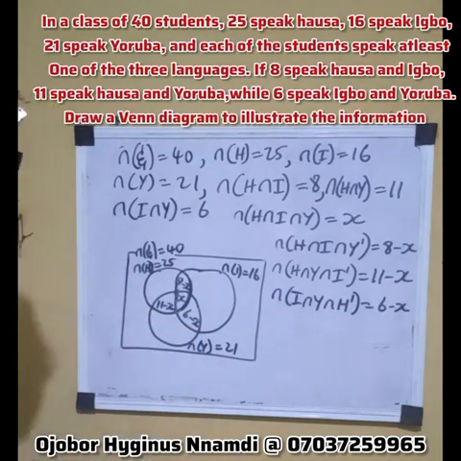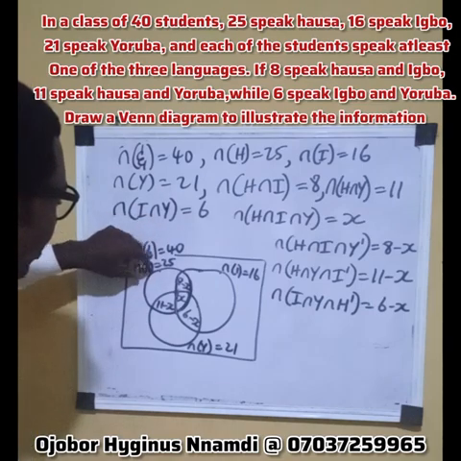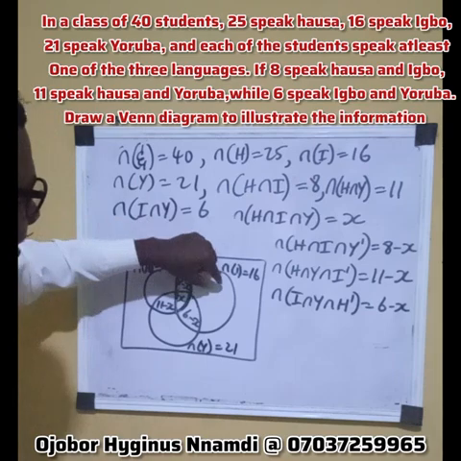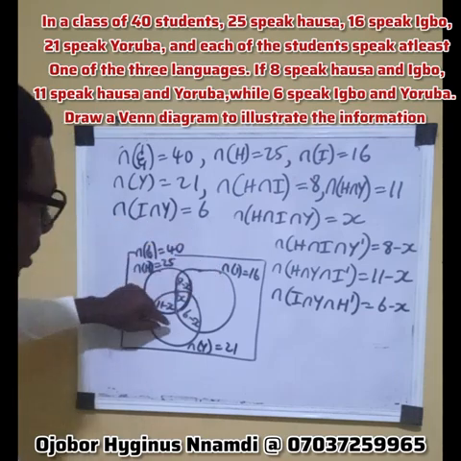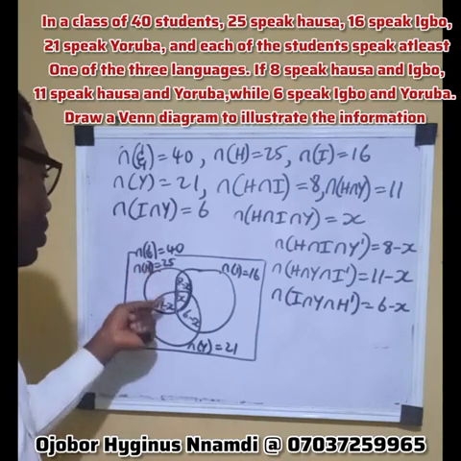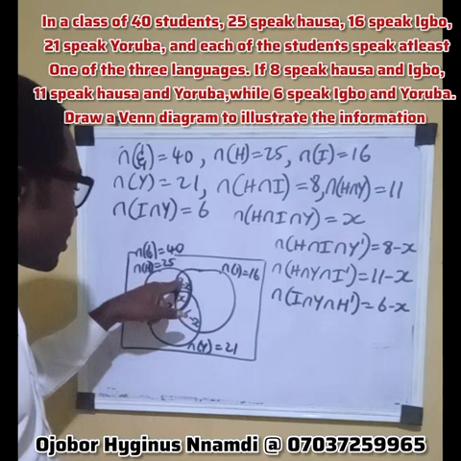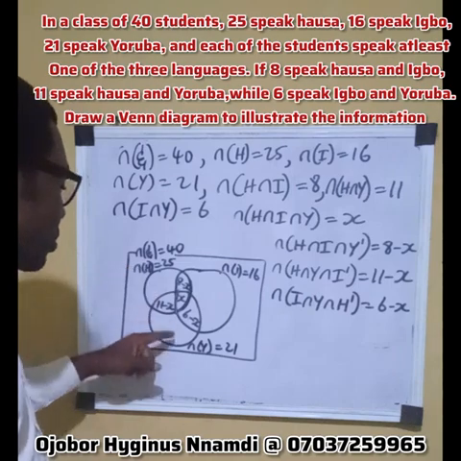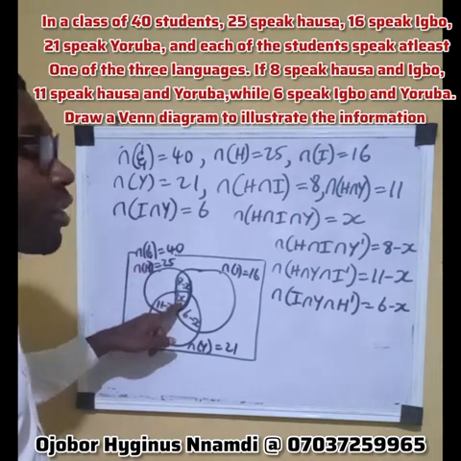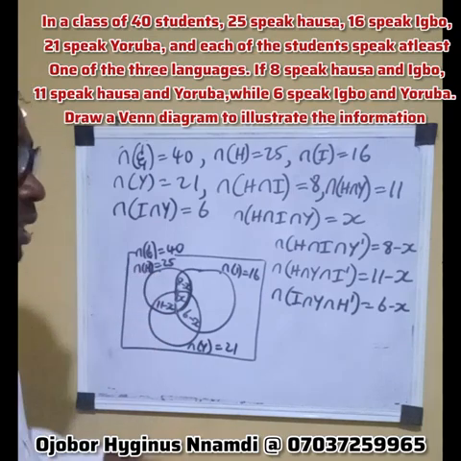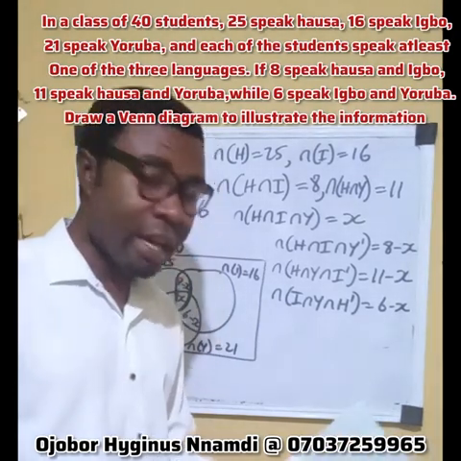So, we've gotten that. Then, how do we now get the number of students that speak only Hausa, only Igbo, and only Yoruba? Because this 25 is the number of students that speak Hausa, which includes those that speak Hausa and also speak Igbo, and includes those that speak Hausa and also speak Yoruba, and also includes those that speak three languages. So when we were counting the number of students that speak Hausa, they also speak Hausa, so they are included.